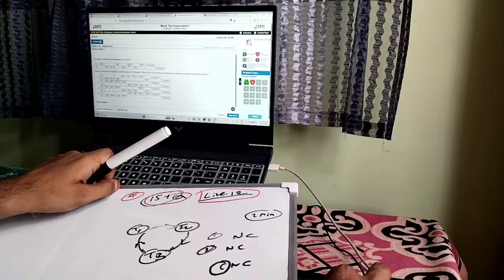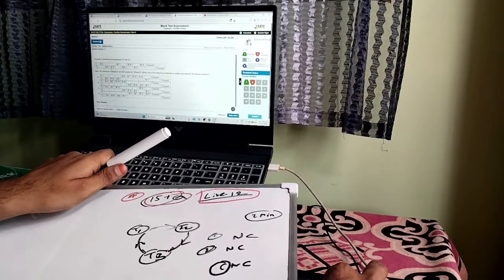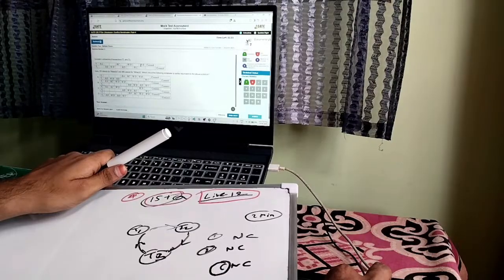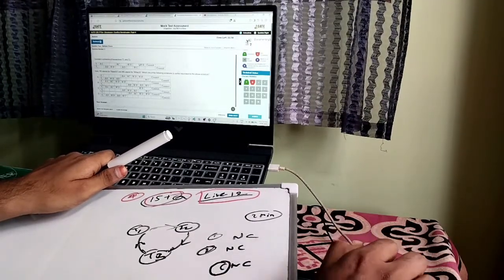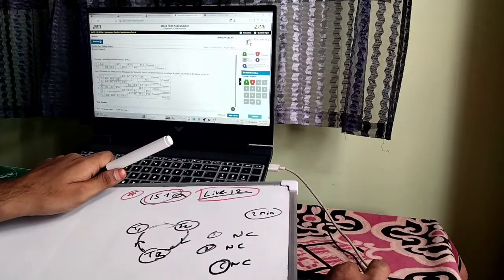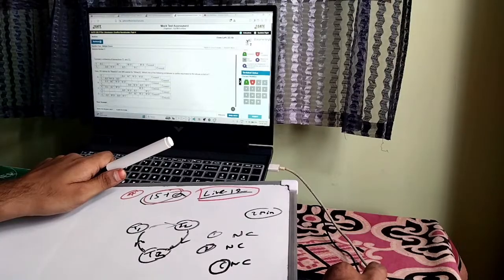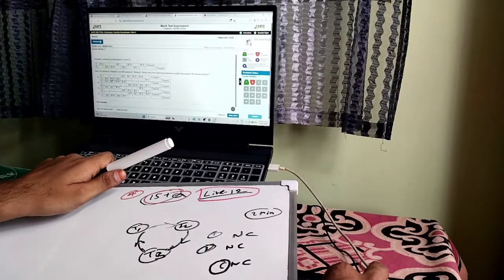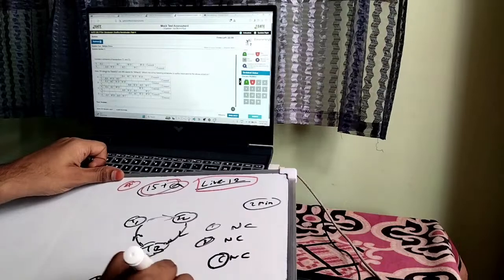Read the speed, T2, T1, T2, T1. So that's the transition of the T1 and T2.